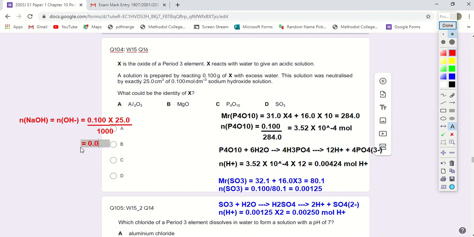The answer is 0.00250 mole of hydroxide ion.